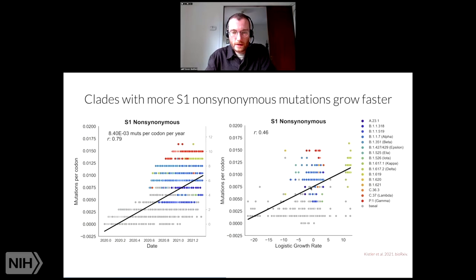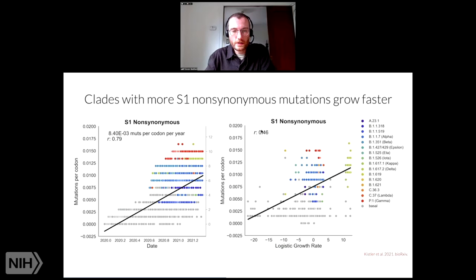However, the key result here is that if we look at viruses that have more mutations in S1, so these ones up here, they will generally belong to clades that are growing in frequency compared to viruses that have fewer S1 non-synonymous mutations.